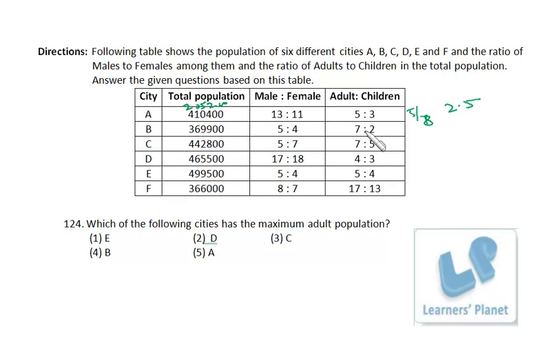Here it is 7 by 9 of this calculation, 369900. Adults are 7 by 9 of this. So if I calculate 7 by 9 of this, 9, 4 will be getting the figure in 4, and 4 into 7 will be getting the figure 28. That means the adult population over here is 2.8 lakh.